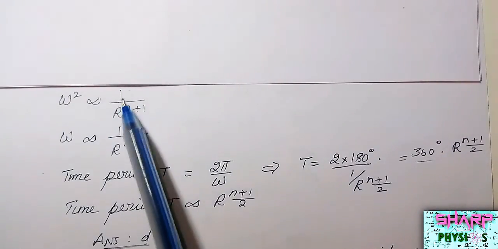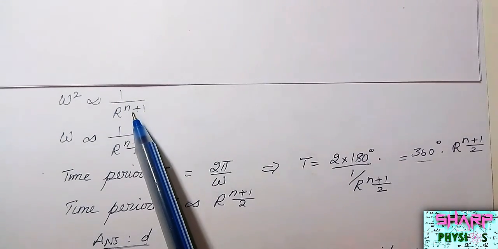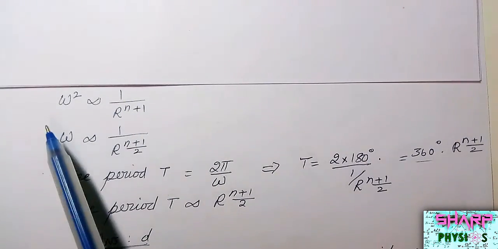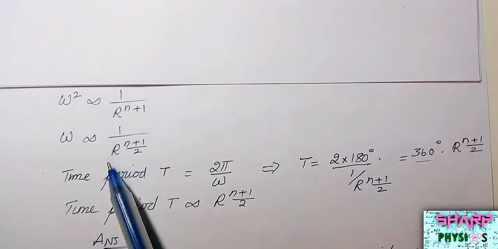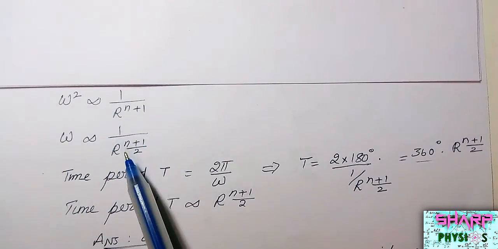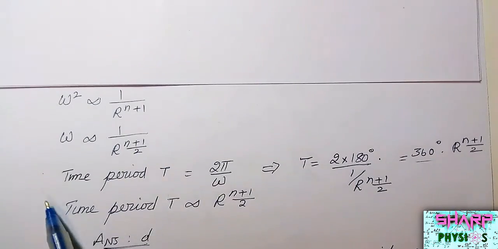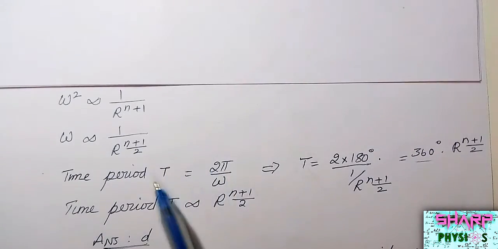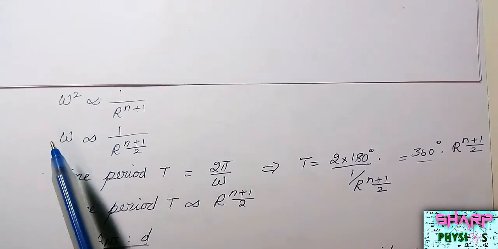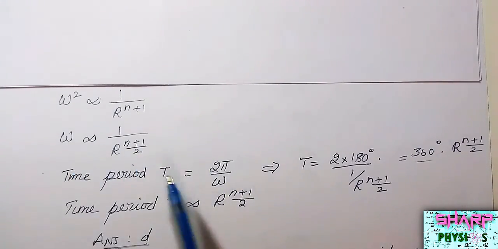Omega squared is directly proportional to 1 by r to the power n plus 1. So when you take the root of this, omega is directly proportional to 1 by r^((n+1)/2). We have the time period T equal to 2π by omega. This is the formula. Substitute the value of omega here.